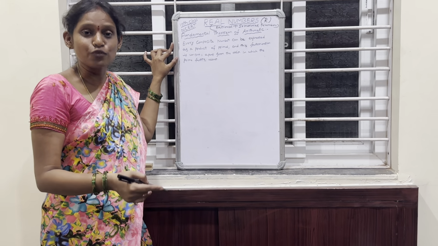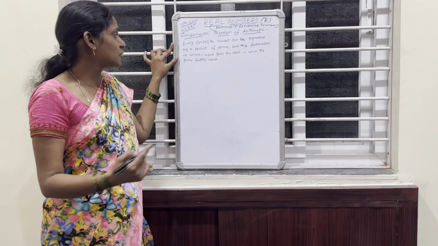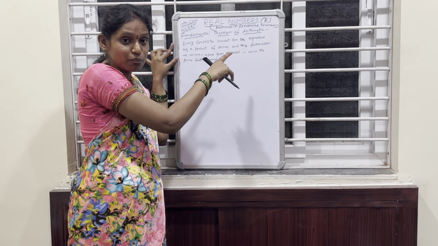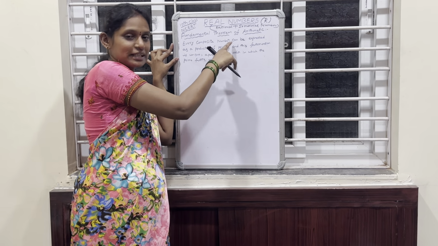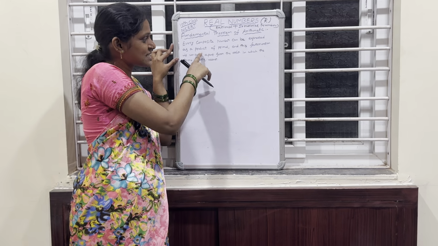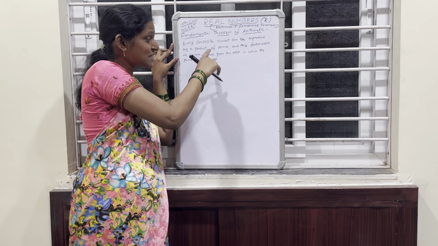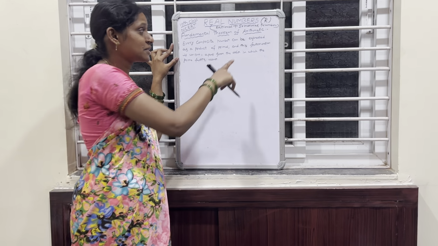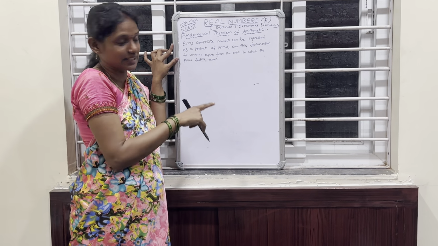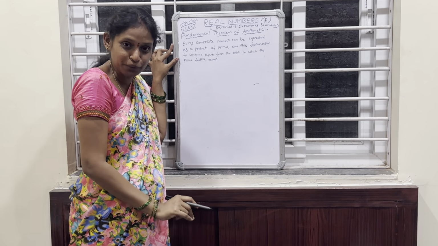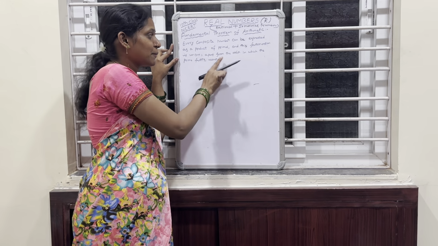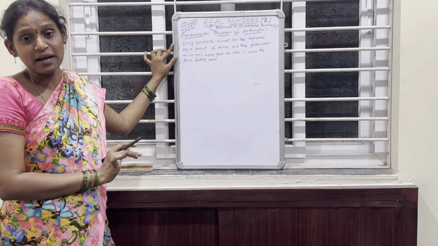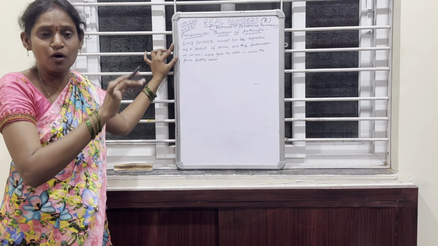Every composite number can be expressed as a product of primes, and this factorization is unique, apart from the order in which the prime factors occur. So the prime factors need not be in order.